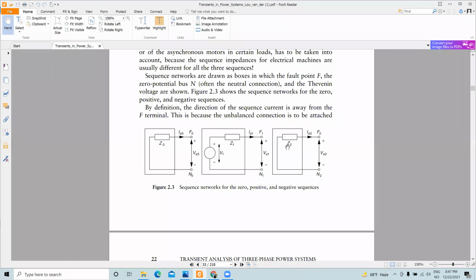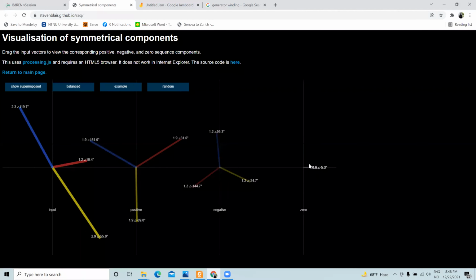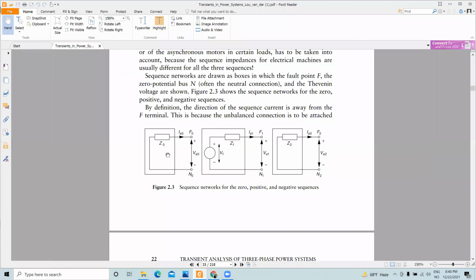The negative sequence current does not have any source voltage, so it has only the impedance Z2, whereas for the zero sequence current, all three phases have the same angle, so it does not change. So basically all these currents will go through the neutral, through this Z0 impedance.